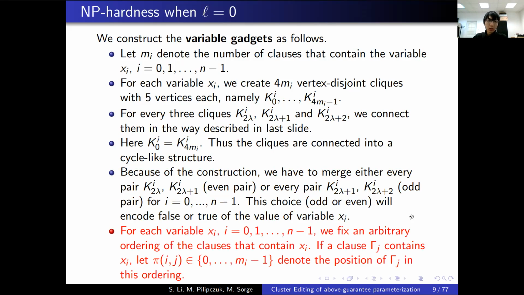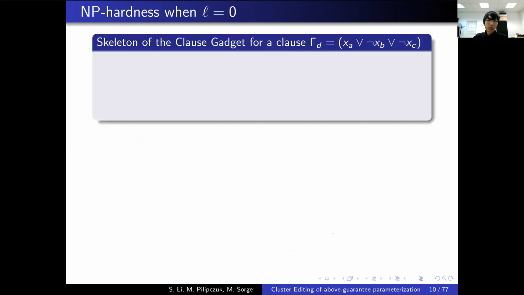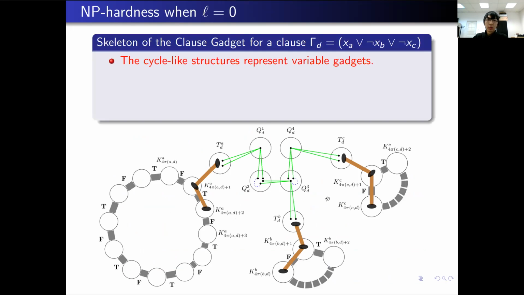For every variable xi, we fix an arbitrary ordering of the clauses that contain xi. For example, if a clause gamma j contains xi, let pi ij denote the position of gamma j in this ordering. Then we introduce the skeleton of the clause gadget for clause gamma d.